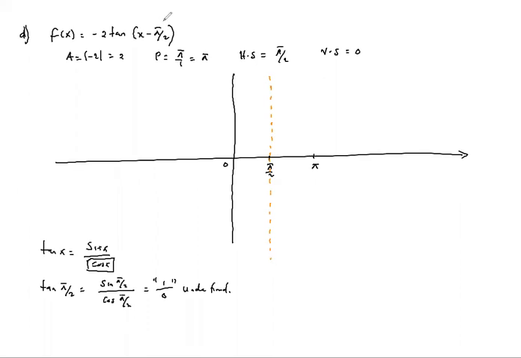And then if you must sketch, suppose you sketched up to 2 pi. Again, you realize that at 270, cos is 0, so this is undefined there. And then you sketch. So tan comes this way.